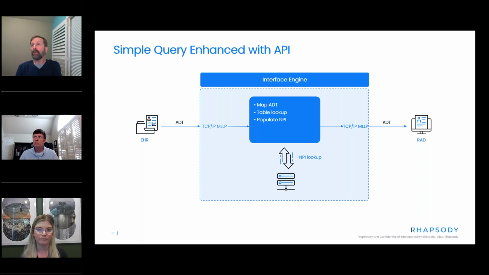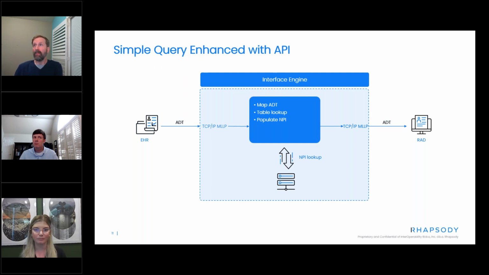So this interface is showing, maybe this is an internal table within your engine, a code set, a correlation, a lookup table. Maybe it's a database that's external to the engine, a file. Some way, this interface, we're diving into the mapping that is happening in the blue box, and we see that one of the things we're doing is doing a lookup for this NPI and populating it in the message before we send it outbound.